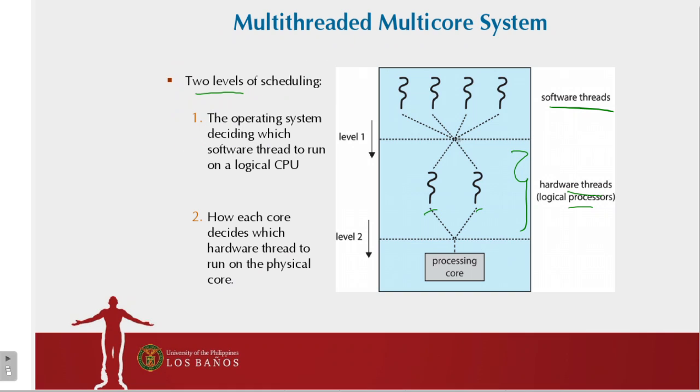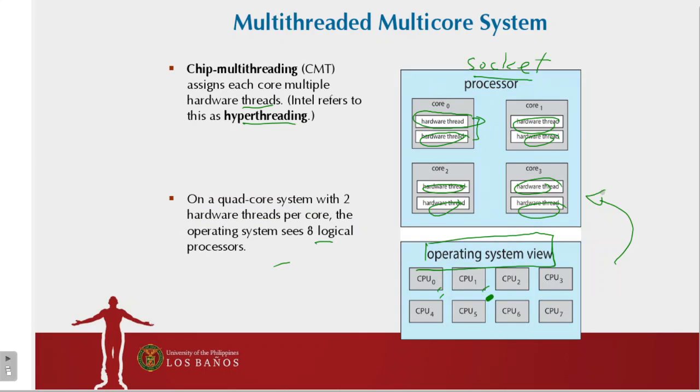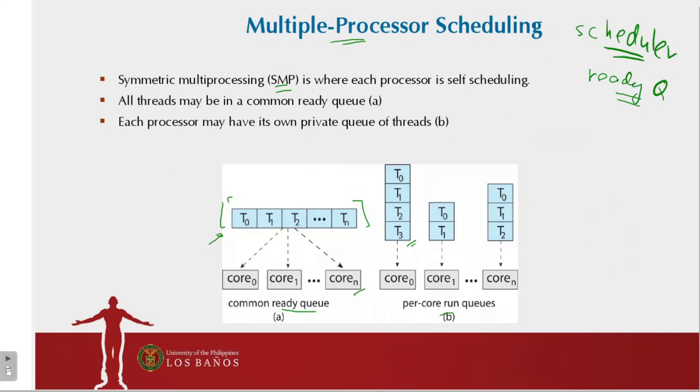Again, the idea is each processor is self-scheduling. So we have a scheduler here that selects which of these tasks will run next on this core.